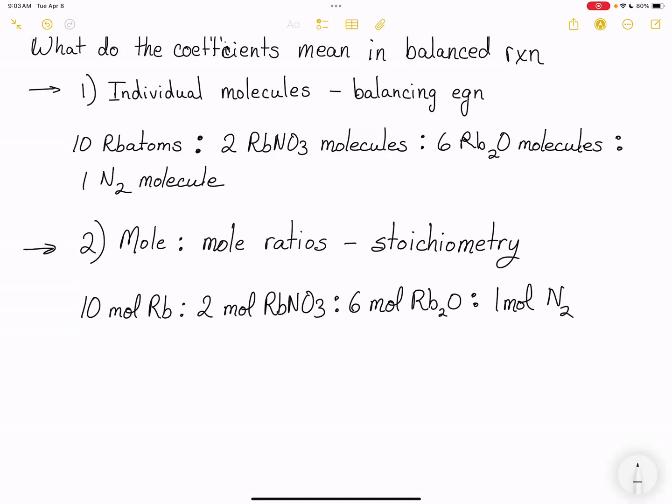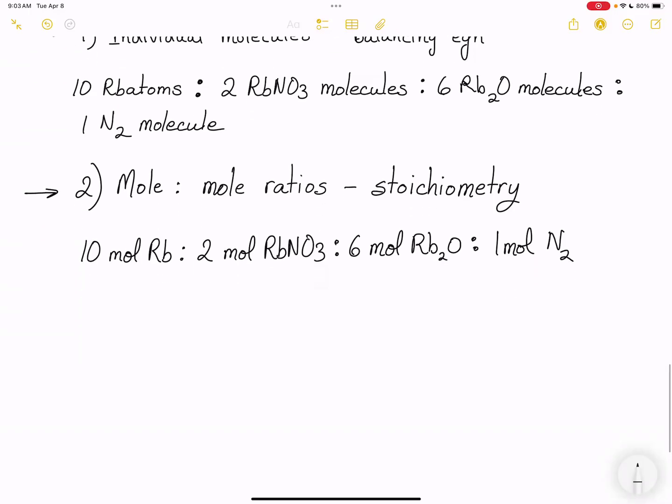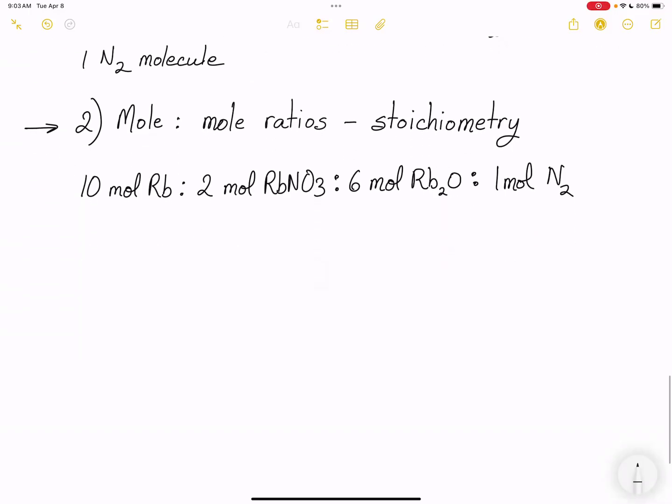Again, we're going to use this second method of discussion when we're dealing with stoichiometry, which is calculations for balanced chemical equations. So, an example.